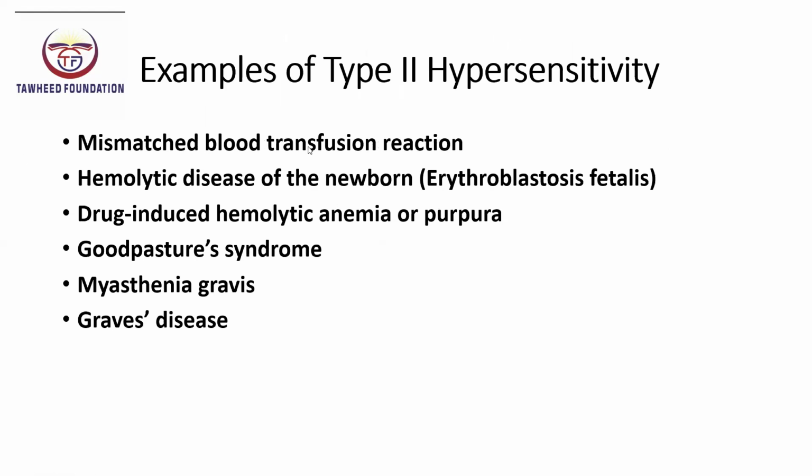Some important examples include mismatched blood transfusion reaction, where antibodies attack donor red blood cells, hemolytic disease of the newborn, due to maternal antibodies against fetal red cells, drug-induced hemolytic anemia or purpura, where drugs induce antibody formation against blood cells, Goodpasture syndrome, an autoimmune disease against kidney and lung basement membrane, myasthenia gravis, where antibodies target acetylcholine receptors, and Graves' disease, involving antibodies that stimulate thyroid hormone production.